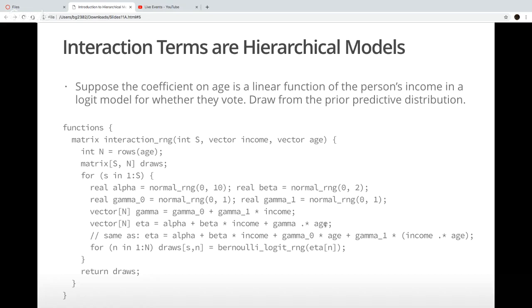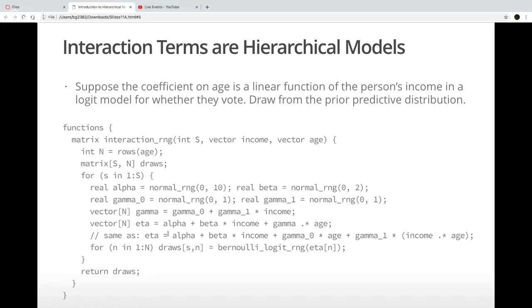In other words, the person's income is influencing their log odds of voting in two ways. Directly, so to speak, through the coefficient beta, and indirectly, through the coefficient on the person's age, which is a linear function of income. It doesn't have to be linear, but that's the way interaction models usually are.